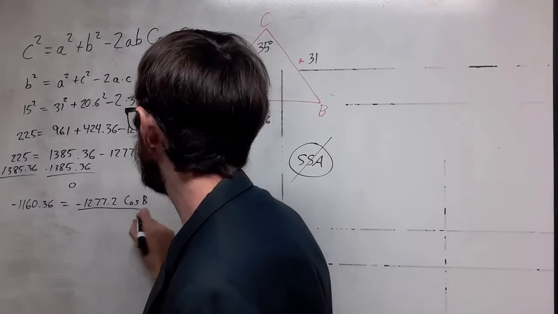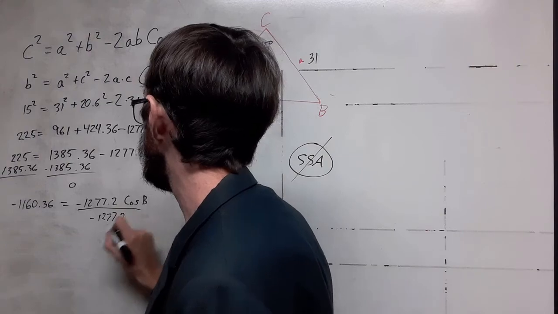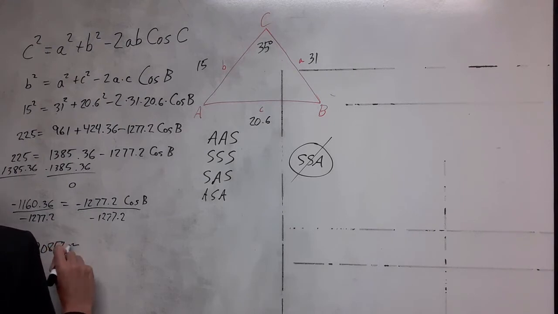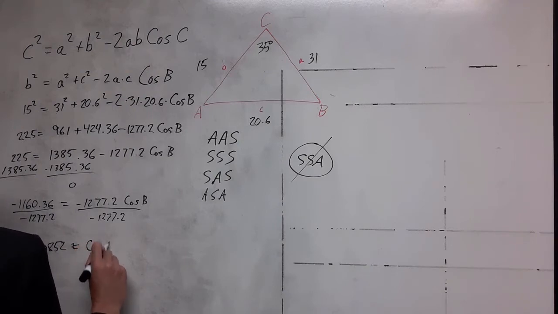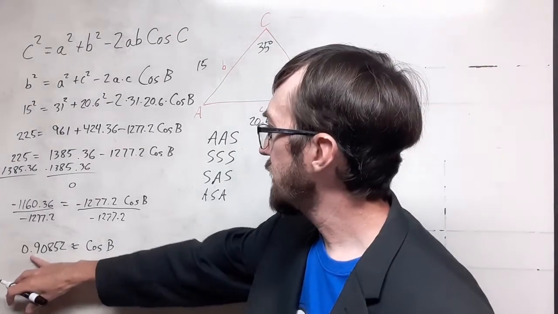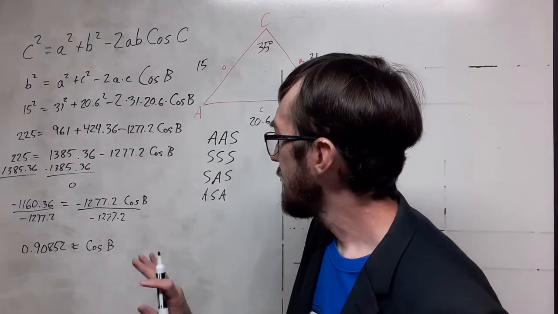So now we're going to divide by... All right, so I have 0.90852 is approximately equal to cosine of B.